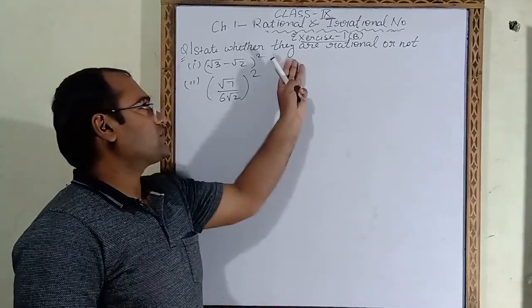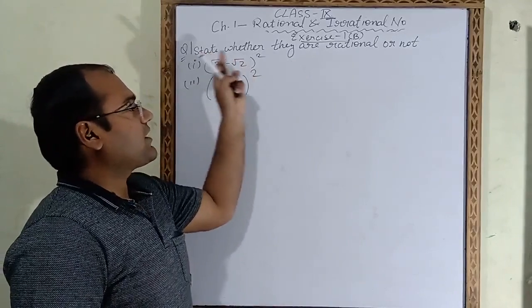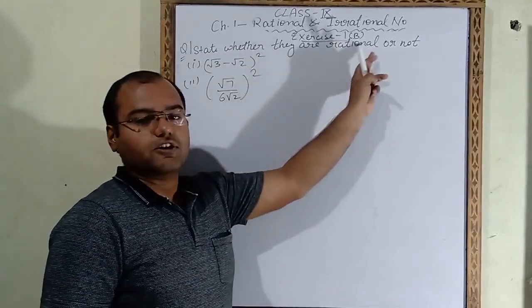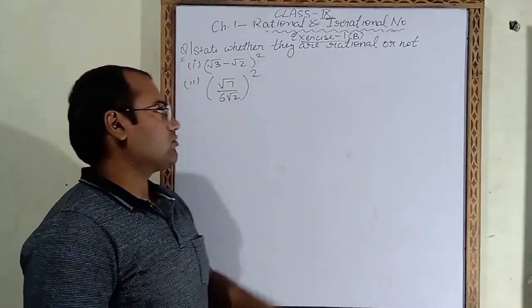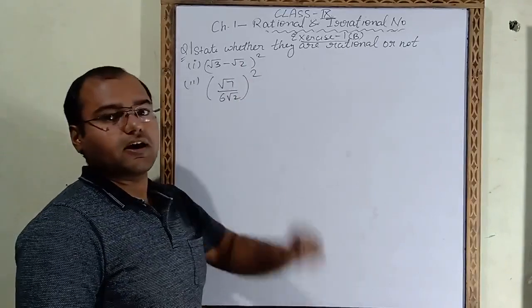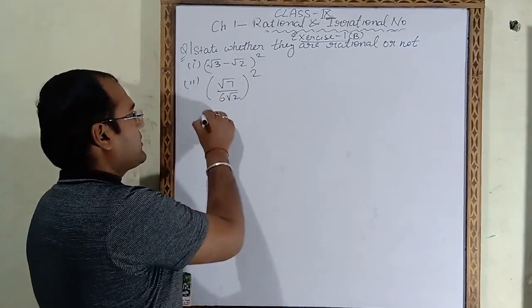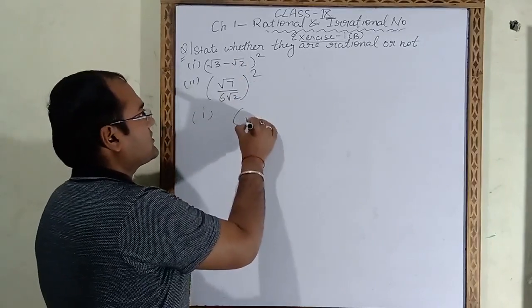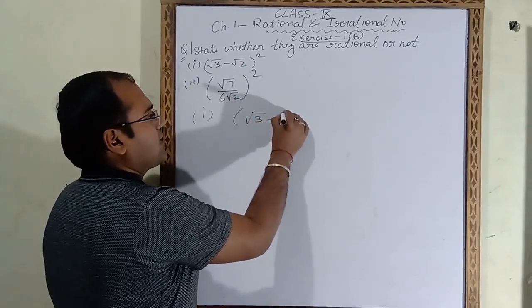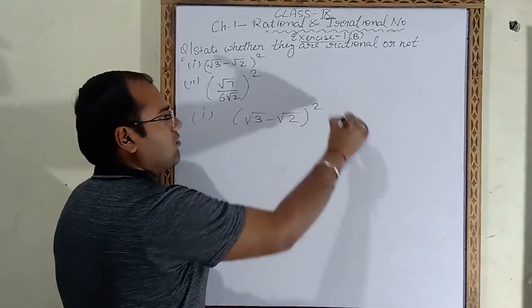Now come to this question. Question is state whether they are rational or not. So we have to check whether these two questions are rational or irrational. So let's solve this first part. Question is under root 3 minus under root 2 whole square.